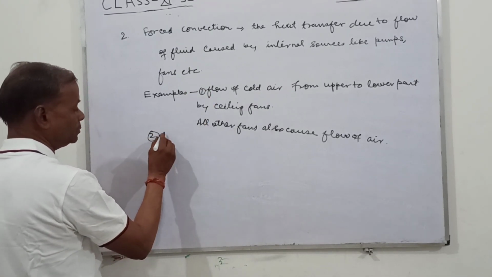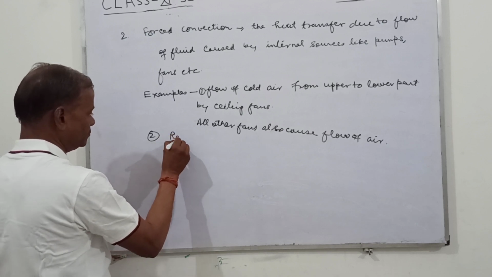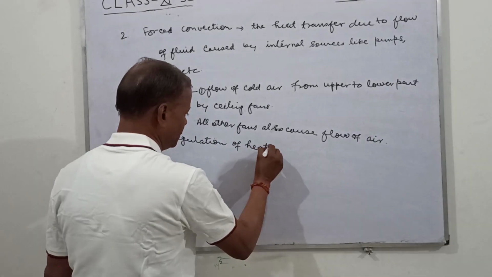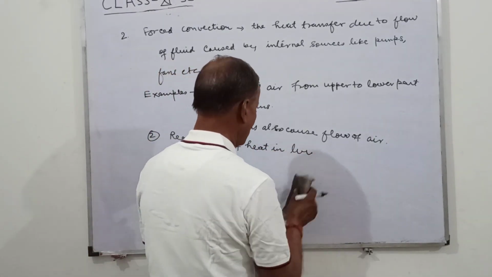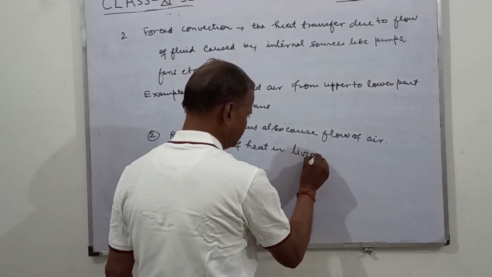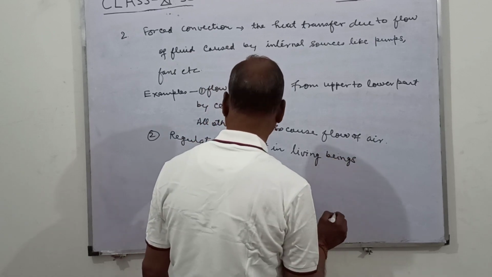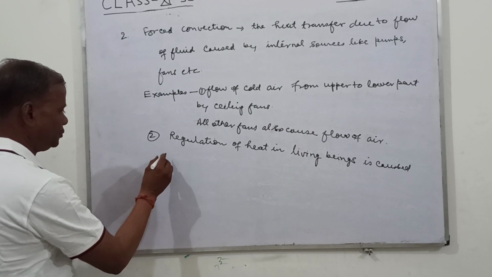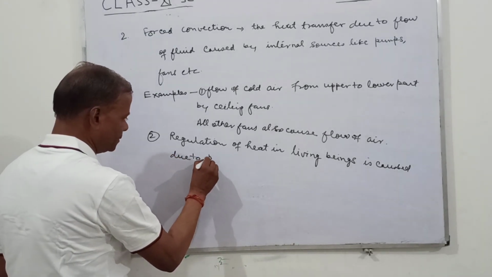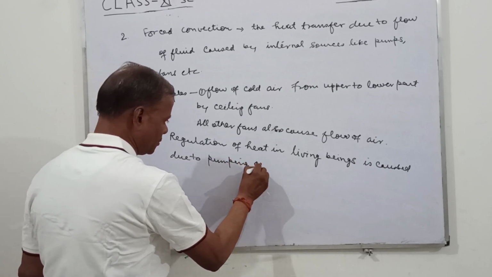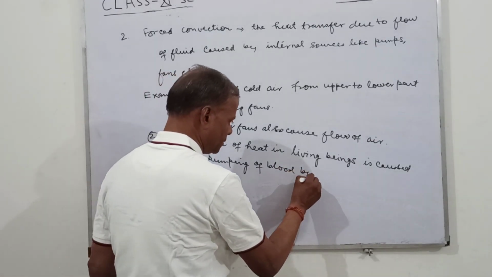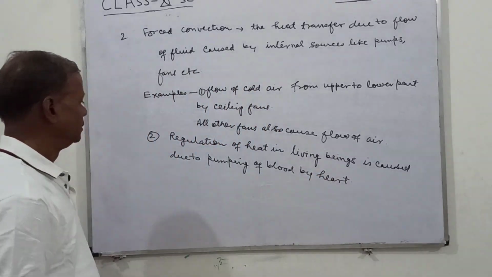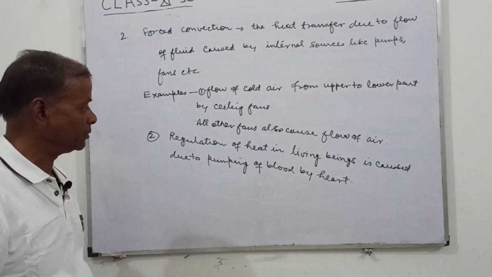Now number 2, regulation of heat in living beings is caused due to the pumping of blood by the heart.